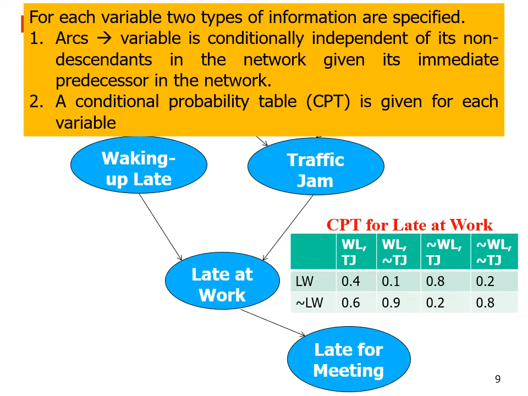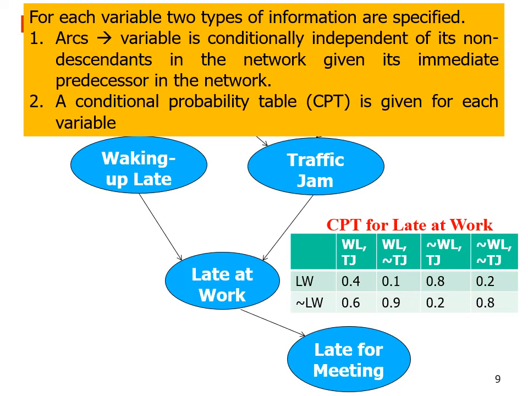So while specifying the conditional probability table for late at work, we are supposed to consider its immediate predecessors, and there are two immediate predecessors for late at work, and these two are waking up late and traffic jam. So the CPT for late at work involves the probability values for these three nodes. Now let us see what we have in this table.